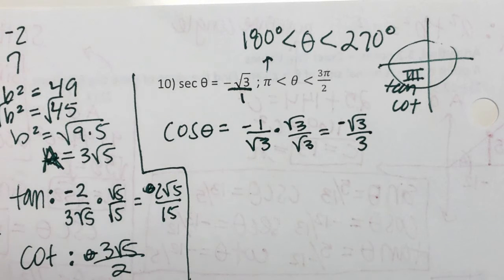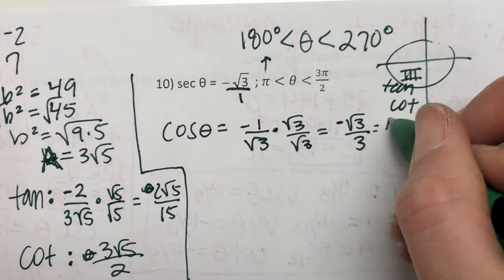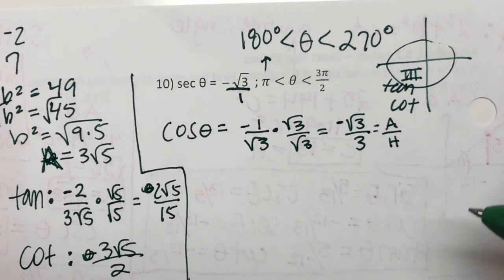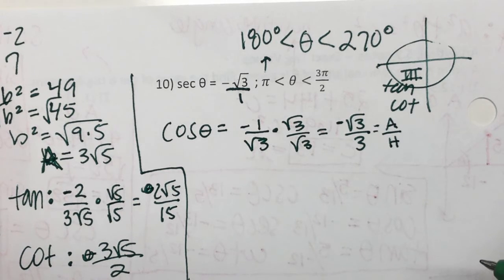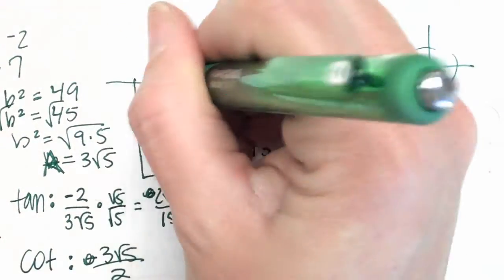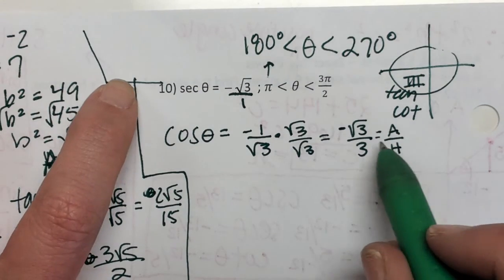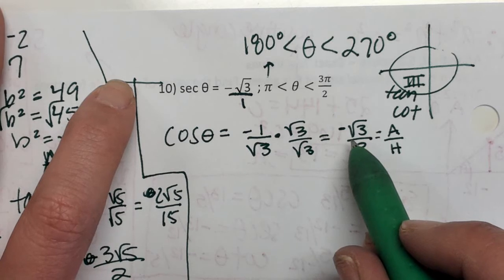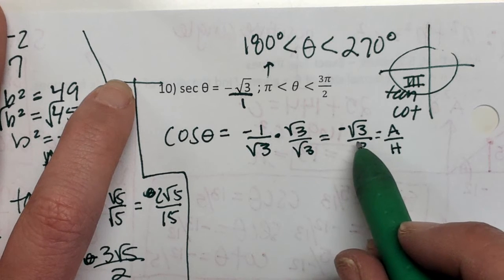Alright, what is cosine? What over what? Yes, adjacent over hypotenuse. So we are missing our what? Opposite. Okay, so tell me how to set that up to where we can find our opposite up here. Just like the last ones.